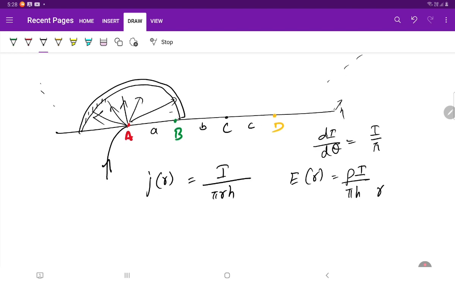Now observe that the electric field is away from point A. So I can say that voltage C will be greater than voltage D, because the electric field goes from C to D. I am marking with yellow color.